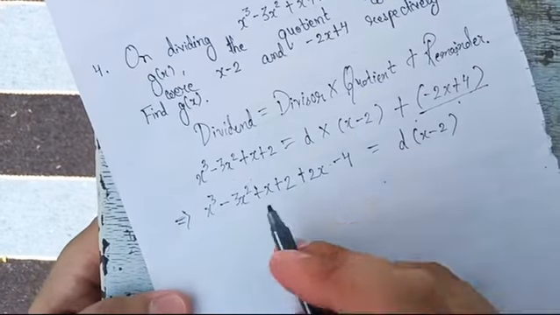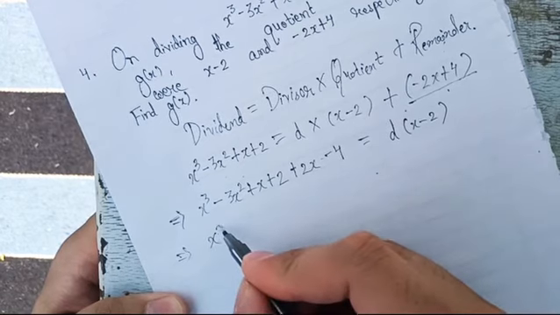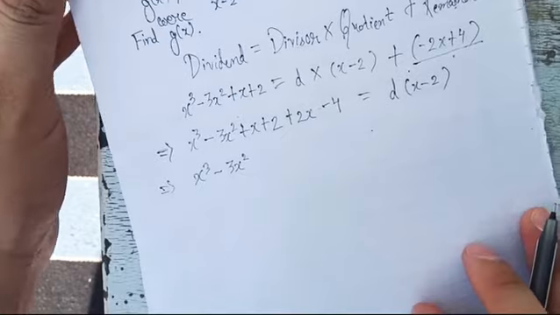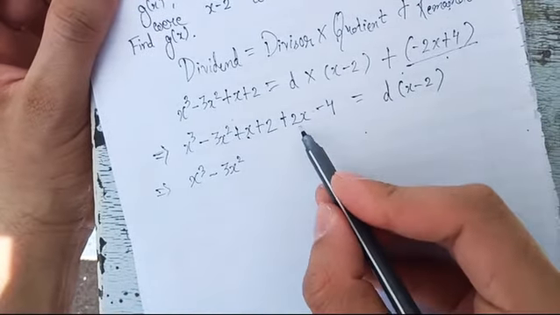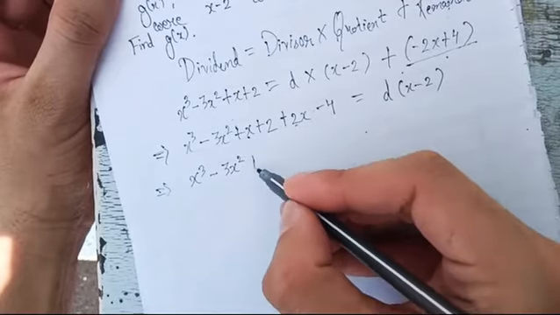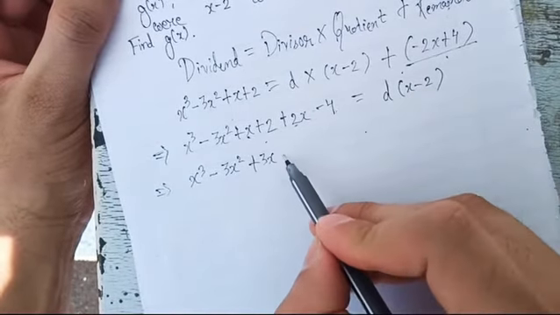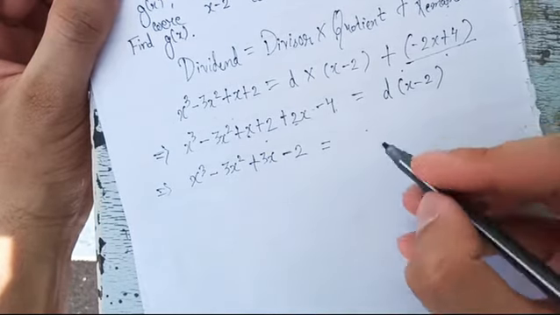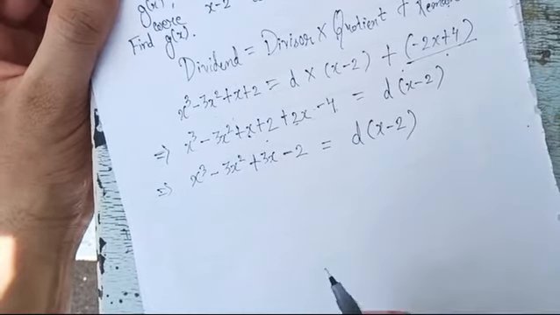We will simplify it further. x cube minus 3x square plus x, and plus 2x will become plus 3x, plus 2 minus 4 will become minus 2, and it is equal to d multiplied with x minus 2.